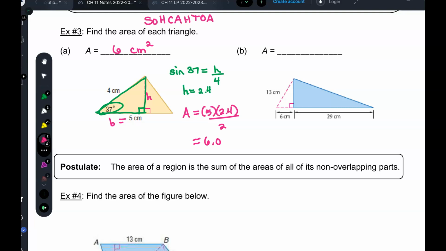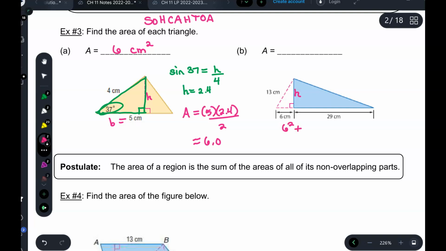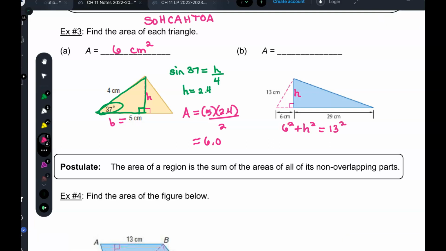Okay, how about B? Now, the triangle I'm referring to is the one that's shaded in. We just have this extra information because we have to use Pythagorean theorem to find the height. So I'm going to do 6 squared plus, you can make that x, it doesn't matter what variable you make it.